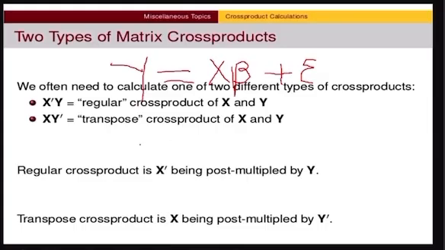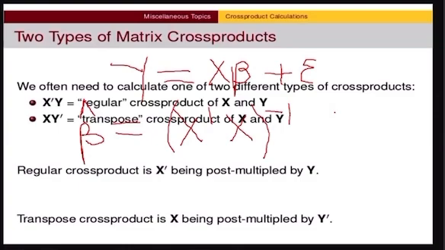Now, if I want to have a parameter estimation, the formula that was programmed behind the scenes is X prime X inverse, times X prime Y. If you take a look at this, X prime Y is the cross product that we're talking about.